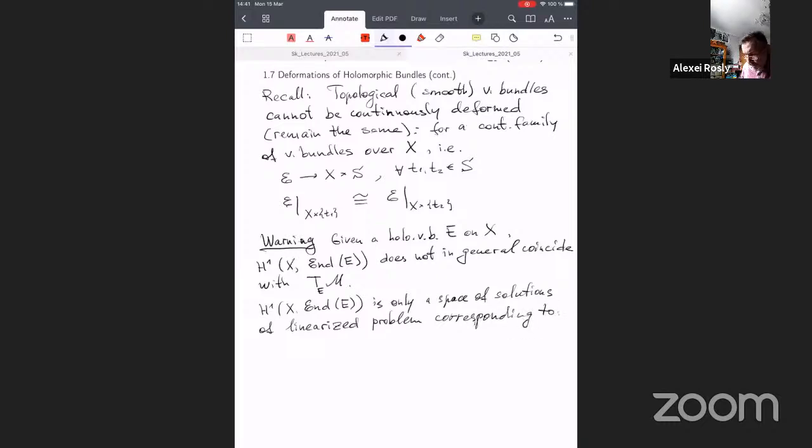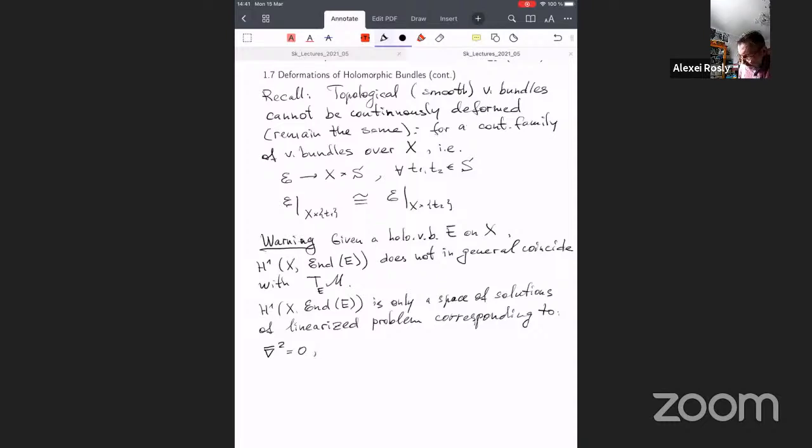The nonlinear problem is the holomorphic structure on a vector bundle, which can be represented in terms of a d-bar connection. So the nonlinear problem is to find solutions to the equation nabla bar squared equals 0, modulo gauge transformations, of course.